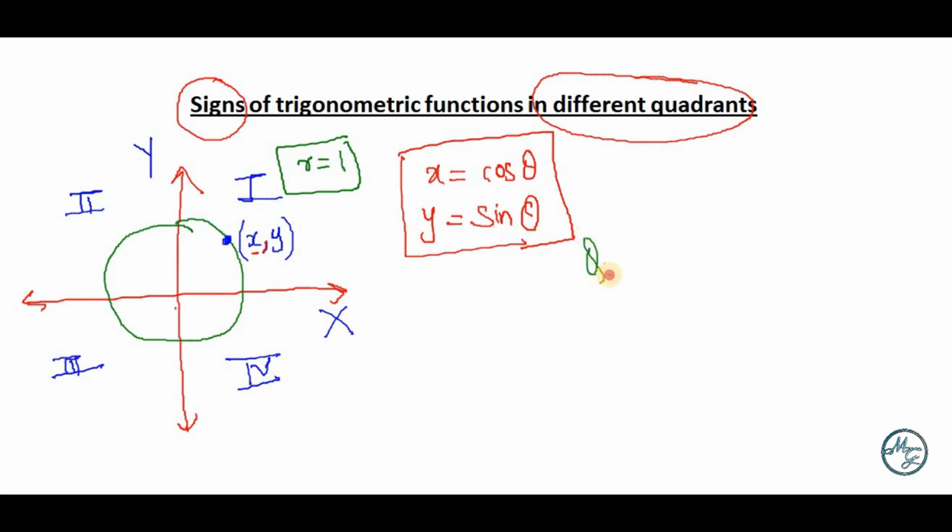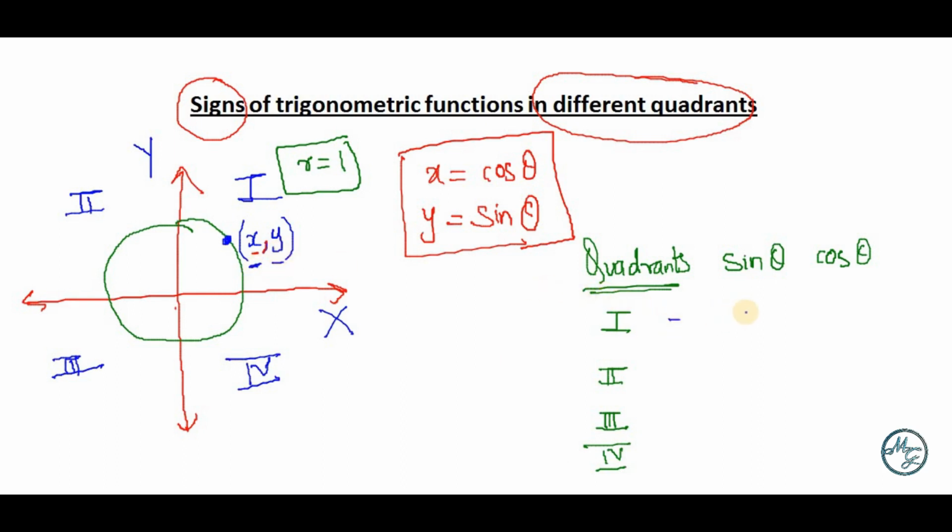One column for quadrants, second column for sin theta and cos theta. There are four quadrants: first, second, third, and fourth. In the first quadrant, x and y both are positive, so sin theta is positive, cos theta is positive.